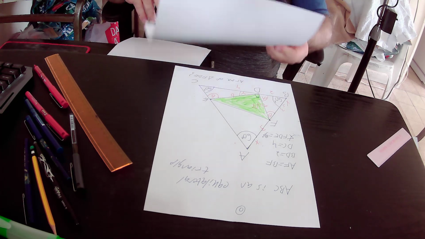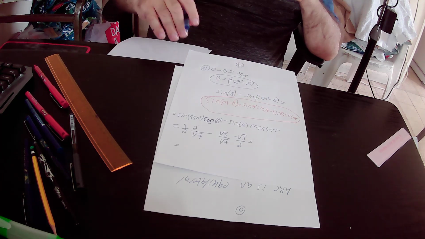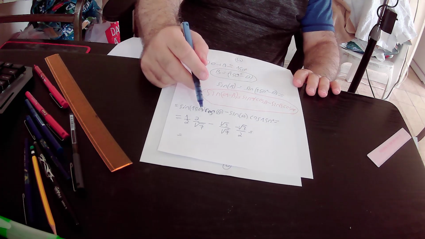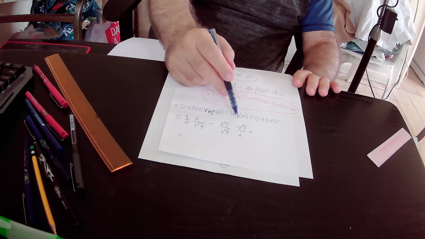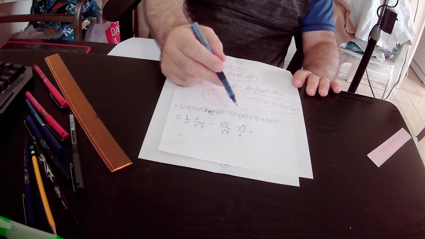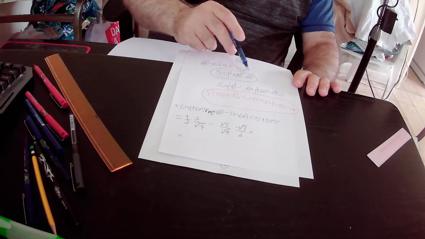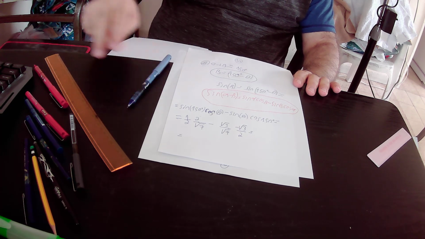So in total we got that 1 over 2 times 2 over root 7, minus root 3 over root 7 times minus root 3 over 2, all equals sine of 150 degrees minus theta.